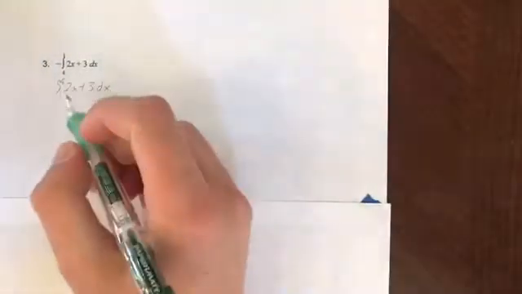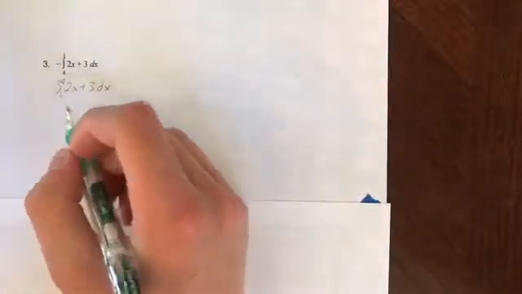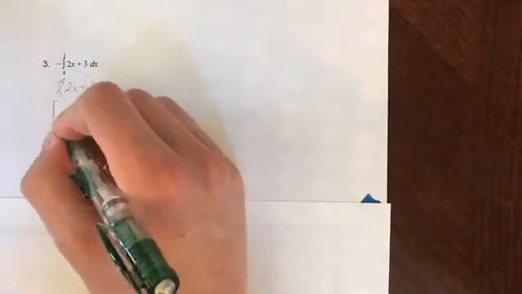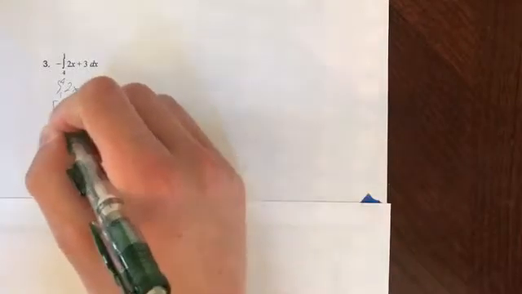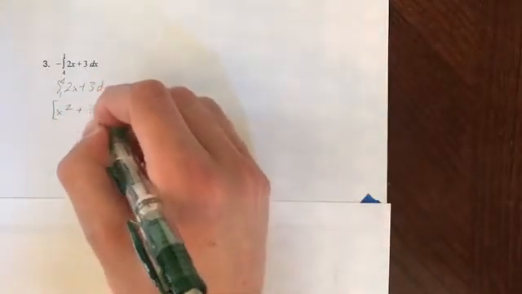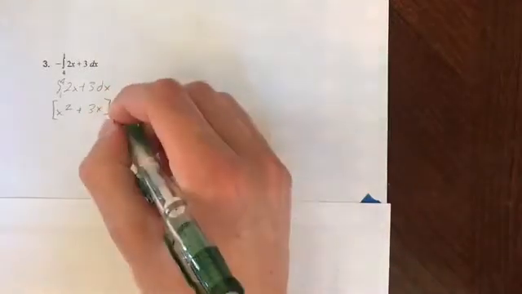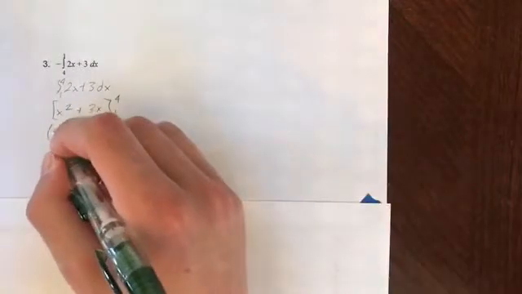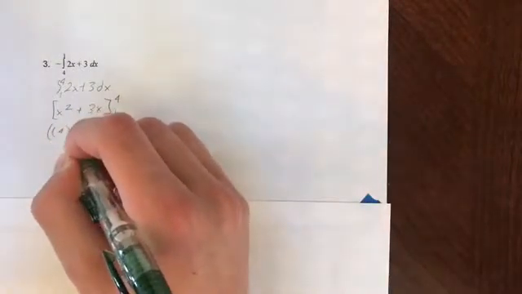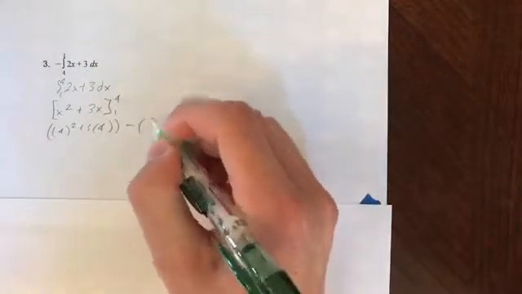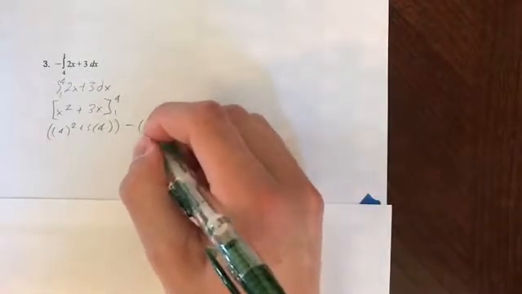Okay, now we're going to do this problem mathematically. I already flipped the integral by multiplying by -1. And now we need to find the antiderivative of the equation, which is x squared plus 3x. And now we need to plug in the 4 first, and take away the same equation by plugging in the 1.